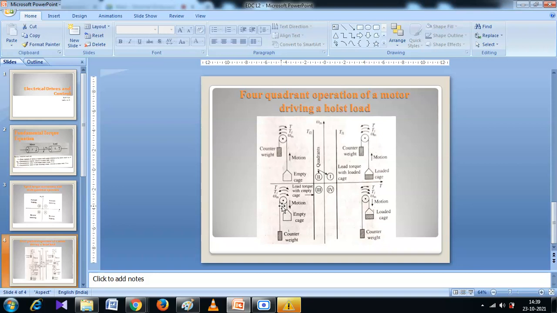But in that case, in the third quadrant, what is the sign of these two, speed and torque? Positive or negative, with respect to the first quadrant?